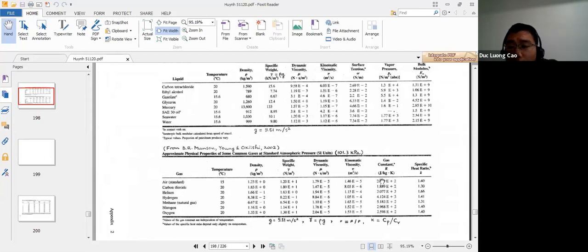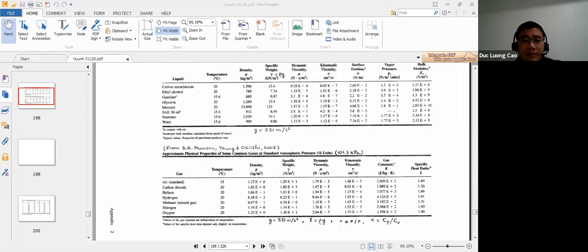With a different gas, you have a different gas constant. For example, for carbon dioxide the gas constant is 188.9, and for helium you have 2077. The gas constant you will use in the ideal gas equation, and you get it from the table.